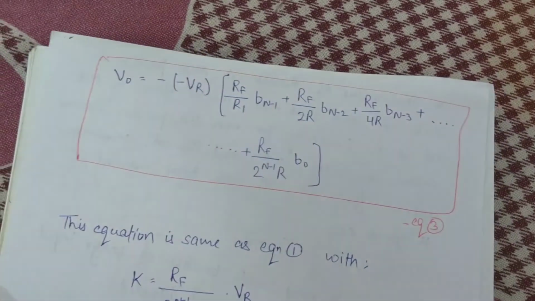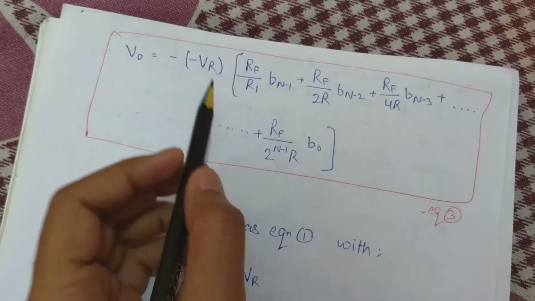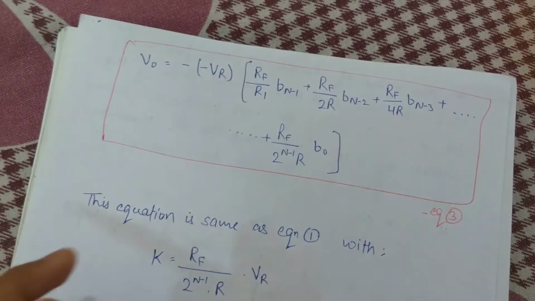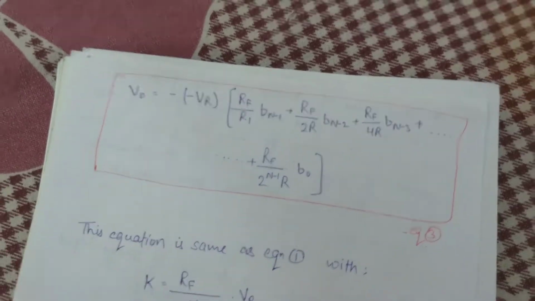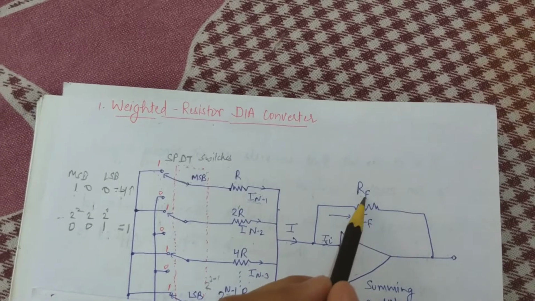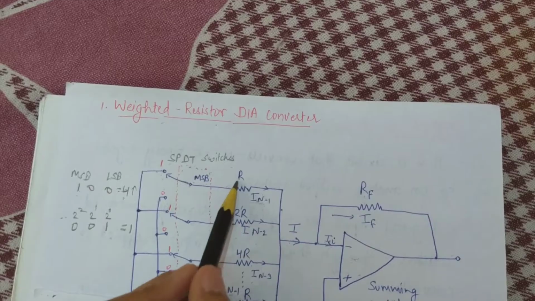Now we will get the final output like this at the output of the summing amplifier. So all the voltages will be added at the output of the amplifier, okay? And as you already know, this amplifier also has a feedback ratio, RF, the feedback resistor, upon this resistor.